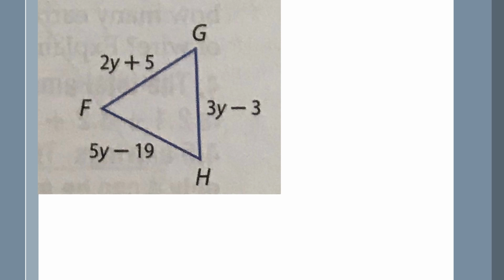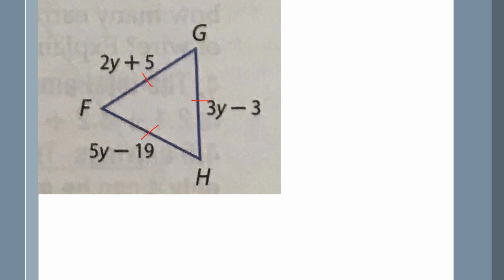All right, this is an equilateral triangle, so let's do this because it's not marked, but just take my word, it's equilateral. So go ahead and solve for y. Okay, well, there's a couple ways we can set it up.